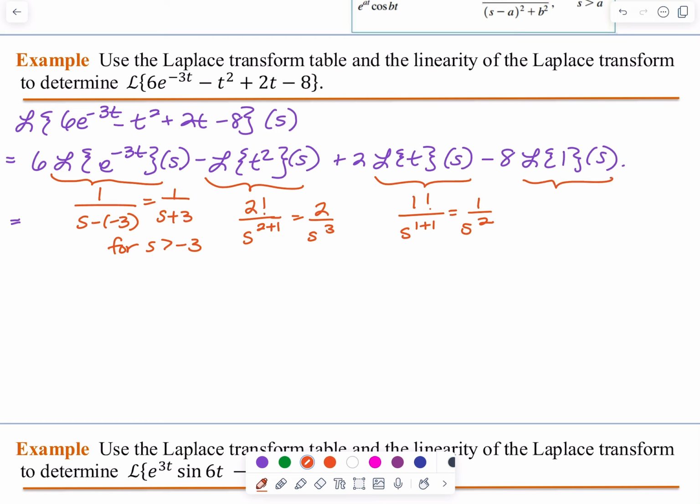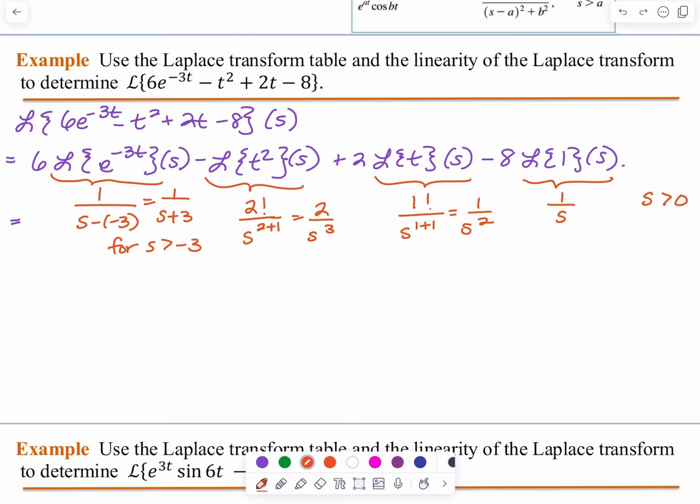And then the Laplace transform of 1 of s is 1 over s. And of course here we have to have s greater than 0 for these transforms here.